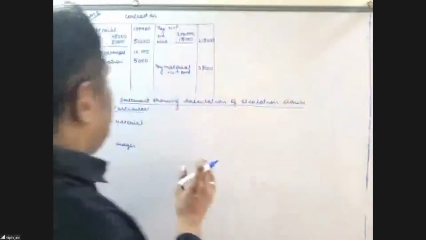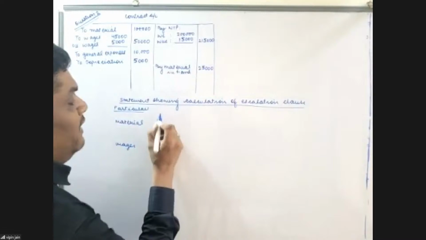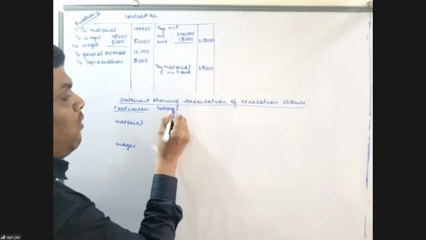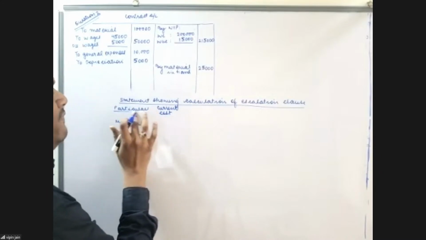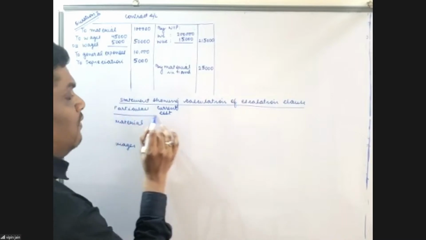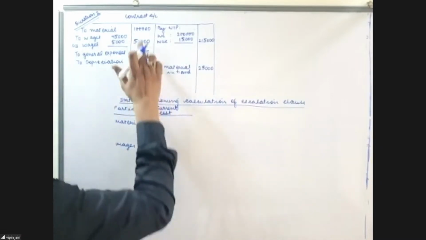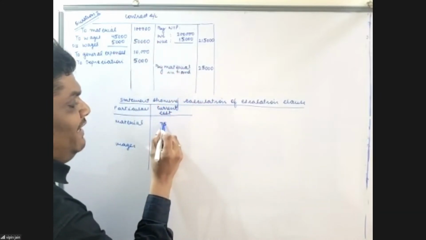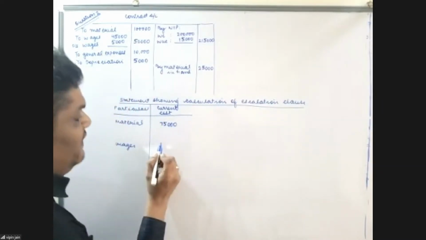The material current cost is given, that is 1 lakh. Of this, 25,000 is still at site. It means the current cost, in case of material, is 1 lakh minus 25,000, that is 75,000. And in case of labor, it is 50,000.